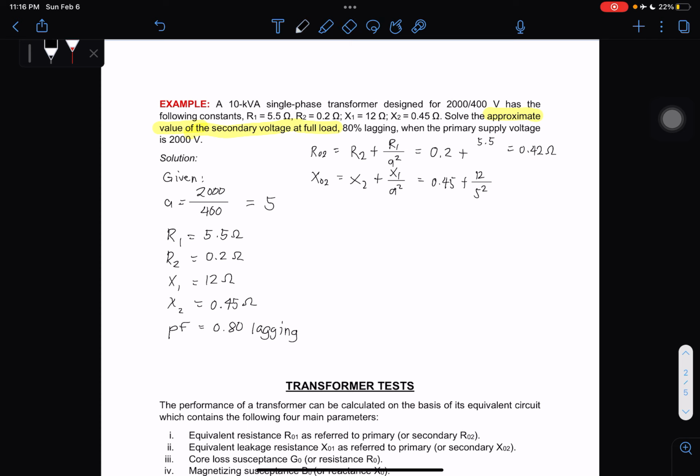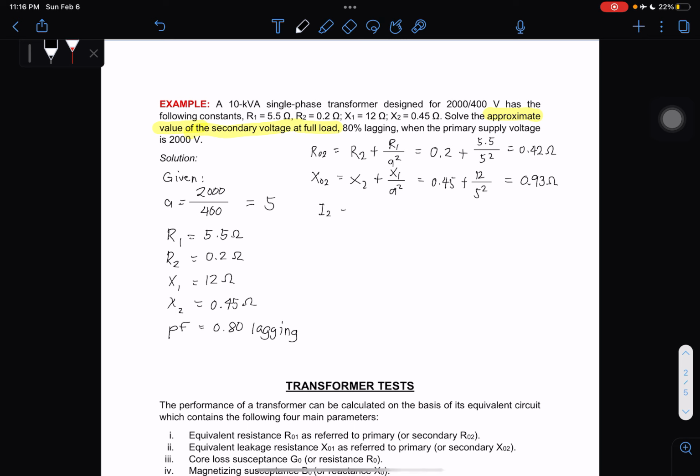So our reactance for the secondary side is 0.93 ohms. So we have now solved RO2 and XO2. After that, we can now solve for the current I2.